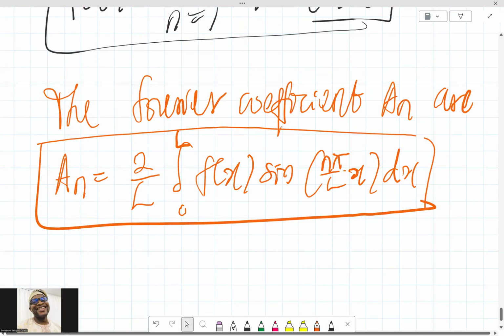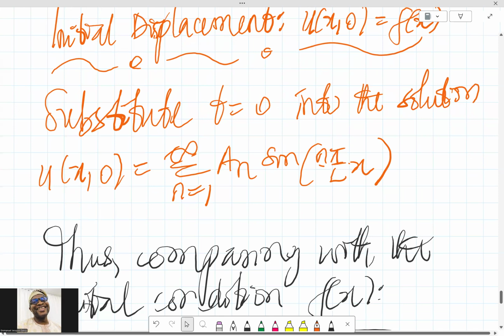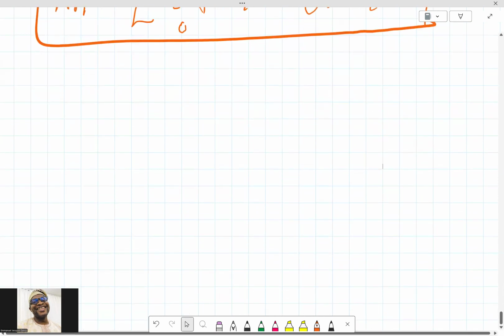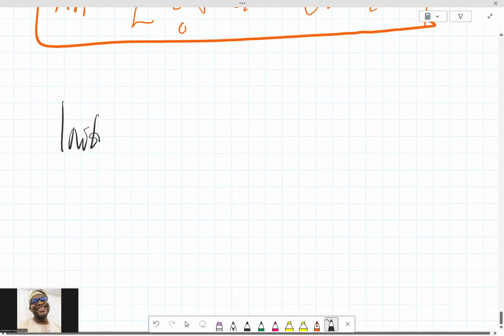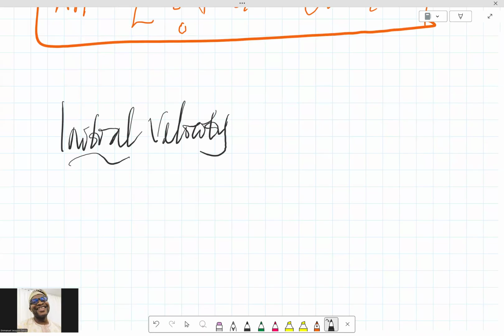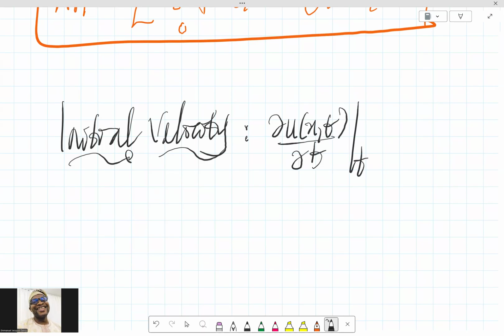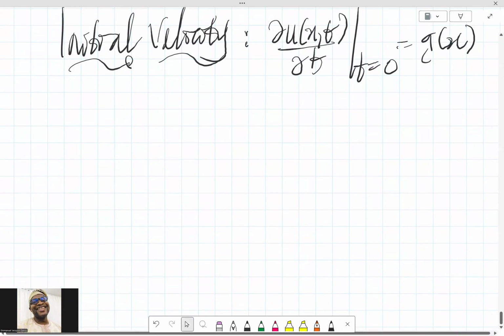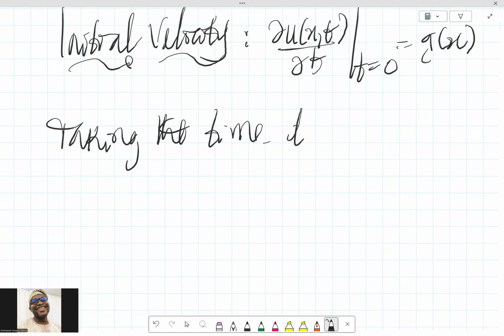And then that leads us to the initial velocity. So we're talking about applying initial conditions now. The initial velocity is partial u(x,t) over partial t, evaluated at t equals 0, and that is what you can call g(x).